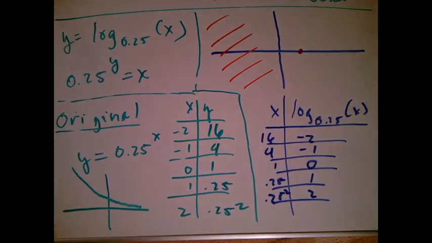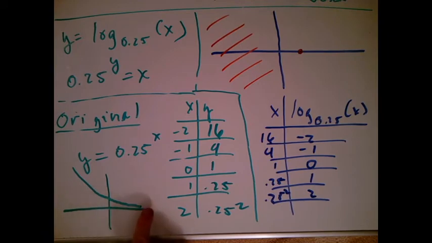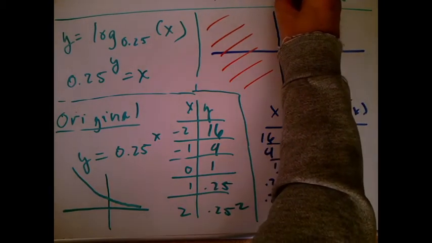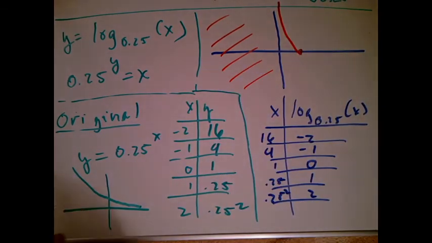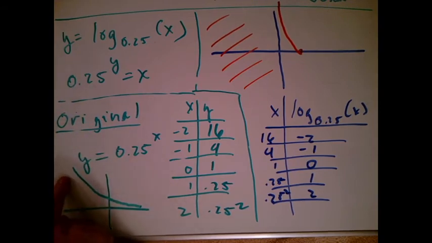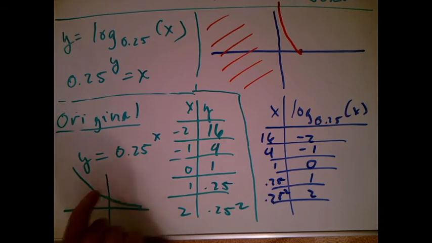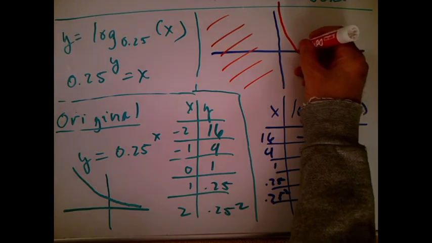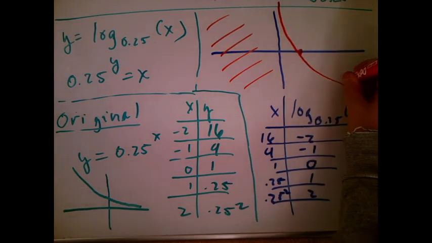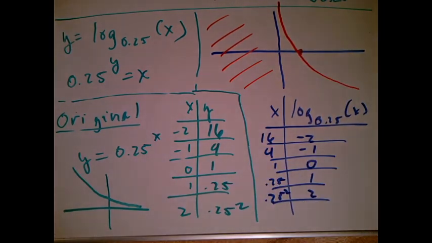You can see that over here, the graph is getting very close to the positive x-axis. That means over here, the graph has to be getting very close to the positive y-axis. It's going to come down like this. And finally, if you look at this thing over here, the further I go out into this quadrant, the more and more parallel the graph comes to the positive x-axis. That says over here is going to be more and more parallel to the positive y-axis, and you're going to get a graph that looks like that.